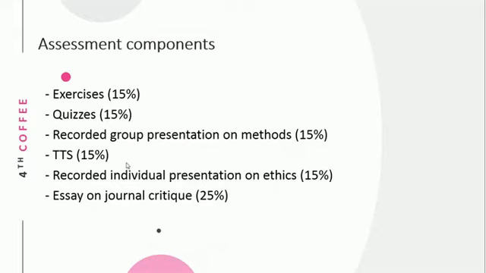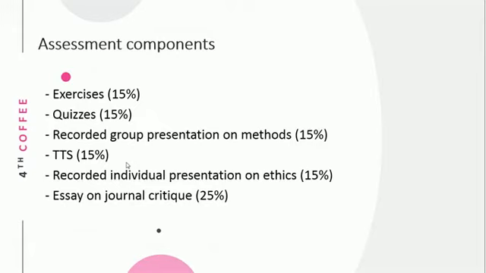Essay on journal critique as the final test will be conducted in groups, so you are not working individually. Here you will need to analyze a journal article in terms of methods and ethics.